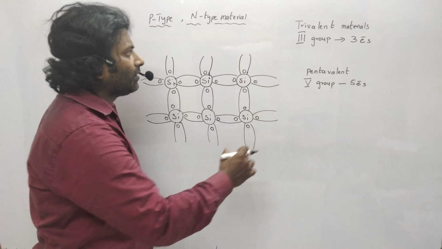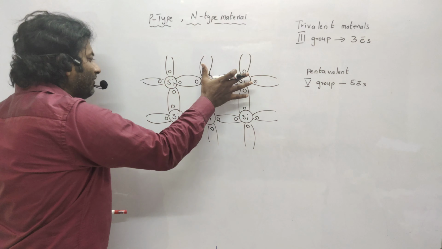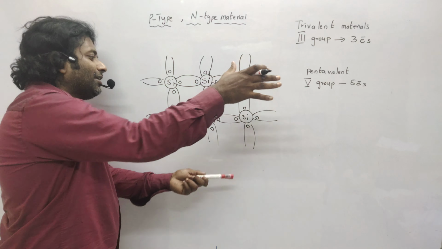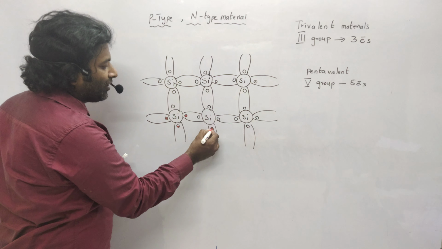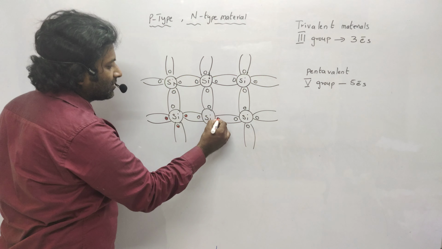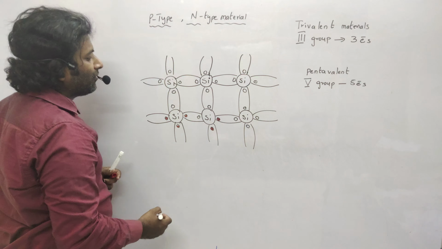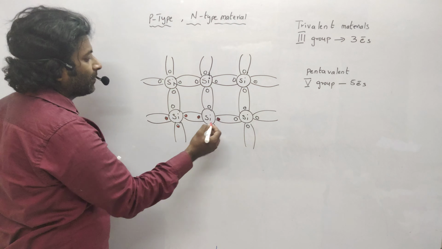So whenever we send trivalent gas onto the silicon layer, how many electrons are available? 3 electrons are available. Every atom will be bonded with 3 electrons like this.